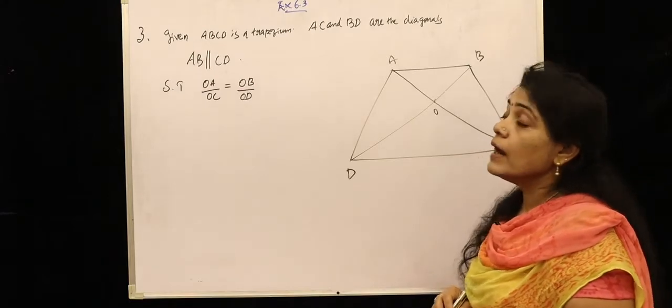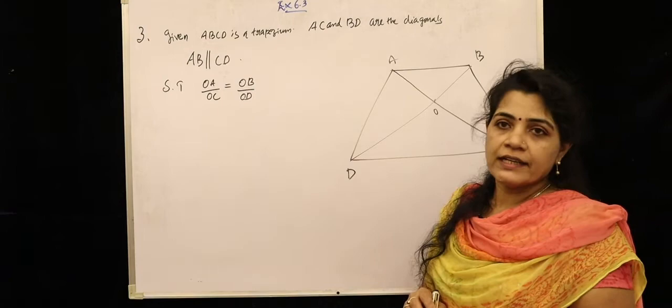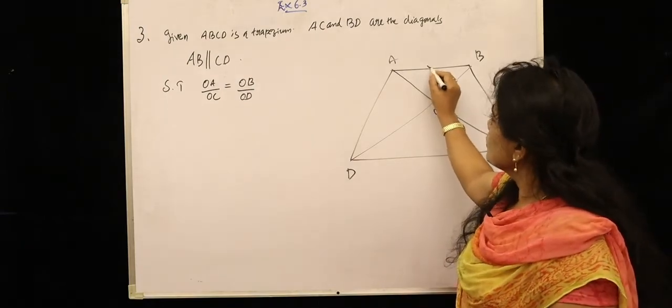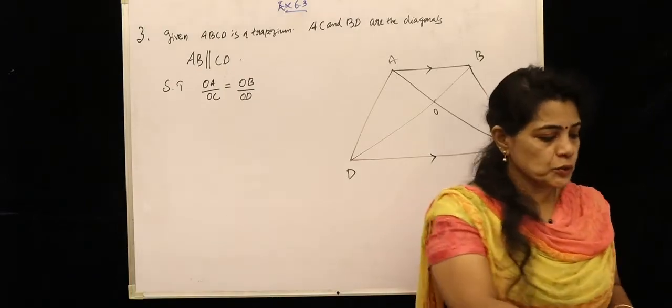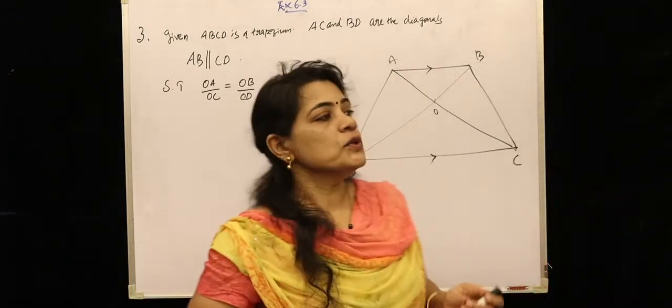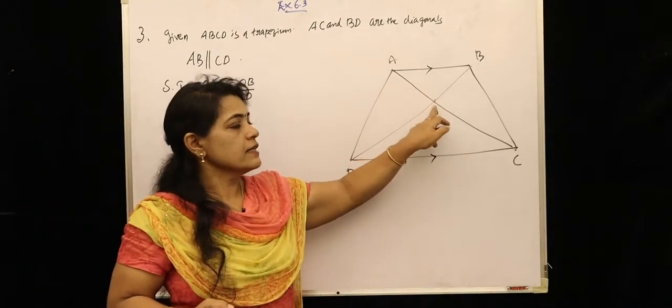Here AB parallel to CD. Okay, then only it will become a trapezium. A quadrilateral becomes a trapezium if one pair of opposite sides must be parallel. That is AB parallel to CD. And the diagonals intersect at the point O.